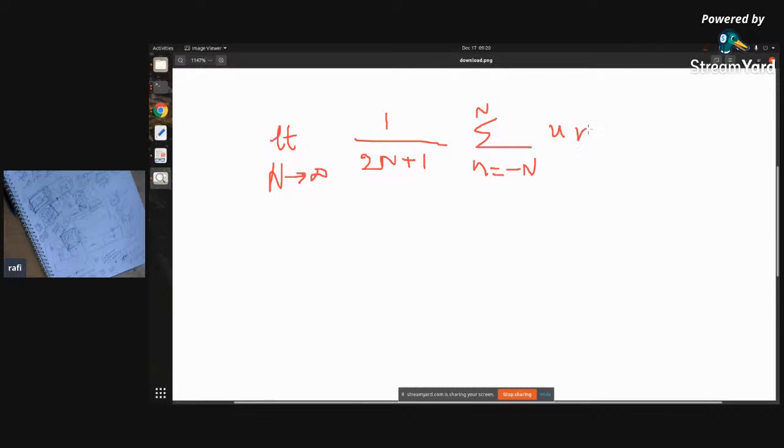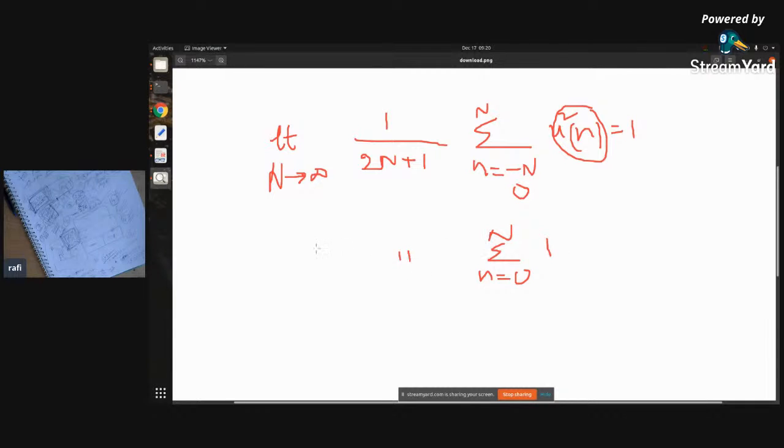So in the place of x square we should put u square of n. Its value is 1 when n is equal to 0 to N, it is 1.